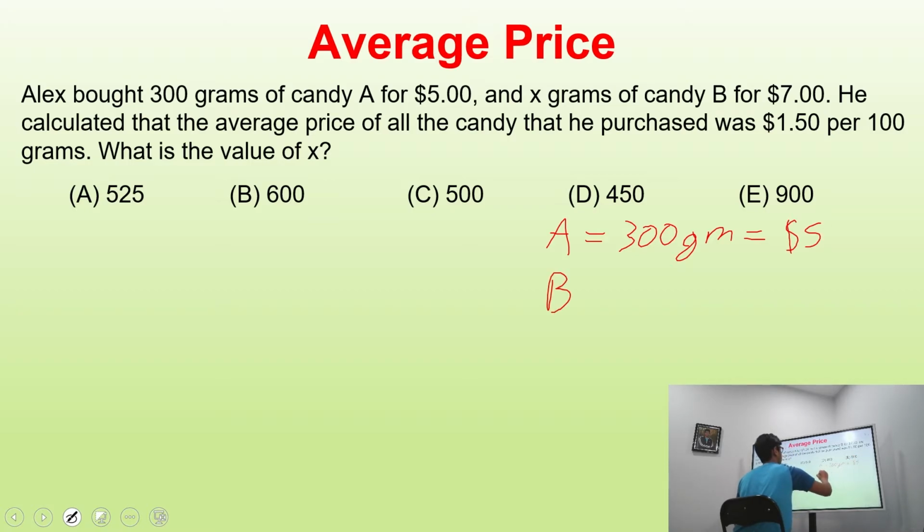For candy B, it was X amount of grams, and he spent $7. And then his average was 100 grams equal to $1.50.